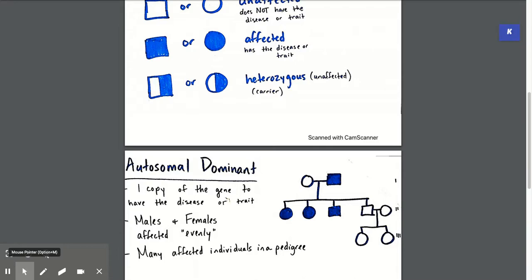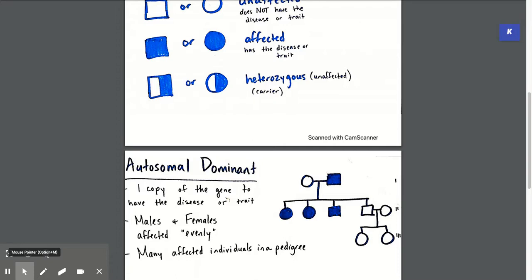Well, we know that an autosomal dominant pattern of inheritance requires only one copy of a gene to give that individual a disease or a trait. It affects males and females evenly. And if you're looking at a pedigree as a whole, you're going to see a lot of individuals affected. Again, these affected individuals have circles or squares that are colored in.